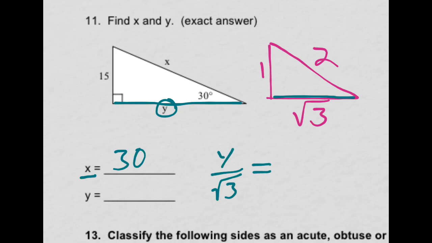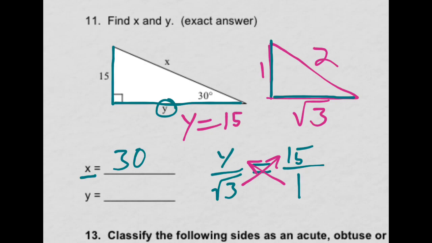And then I go back to the triangle I'm trying to figure out, and I take the side that I know, that's 15, over, and the side of my known triangle that corresponds with the side I know is this one right here, 1. And of course I'm going to cross multiply, and I just get y equals 15 root 3. All right.